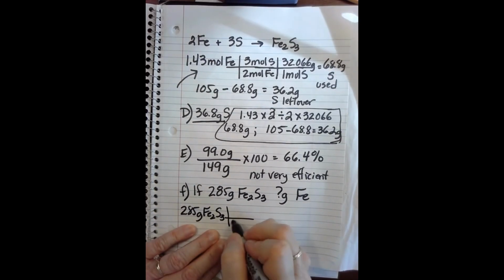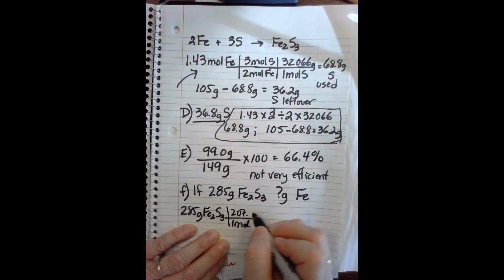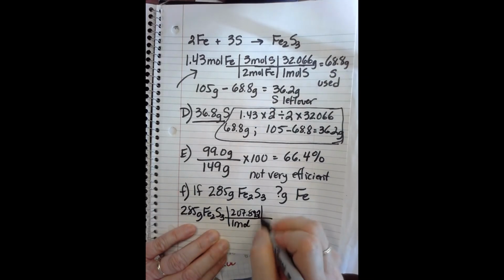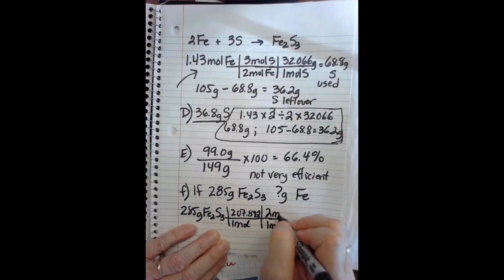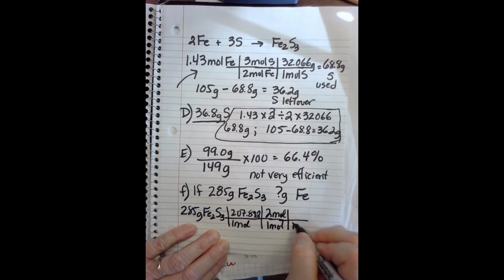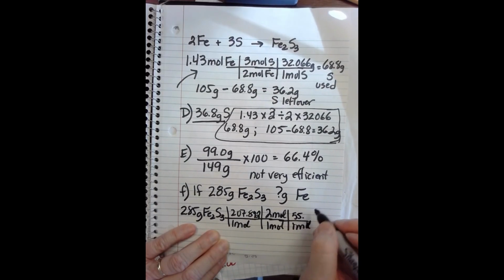1 mole has a mass of 207.892. The balanced equation ratio is 1 mole to 2 moles of iron, and iron is 1 mole to 55.847 grams.